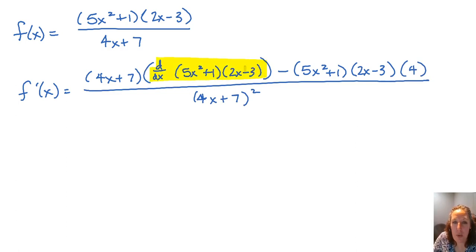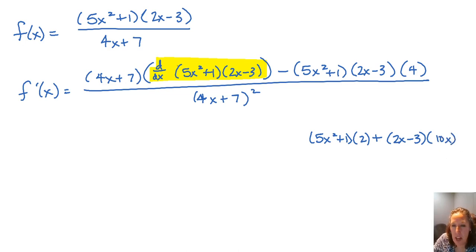We still need to take the derivative of that numerator, but it's going to require the product rule. So I'm going to go off to the side here. 5x squared plus 1 times 2x minus 3. That derivative is going to be the first, 5x squared plus 1, times the derivative of the second, which is 2, plus the second, 2x minus 3, times the derivative of the first. 5x squared plus 1, that derivative is going to be 10x.